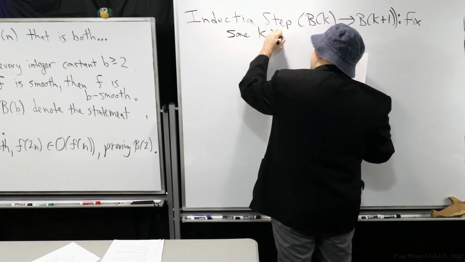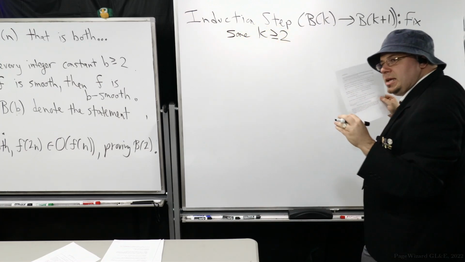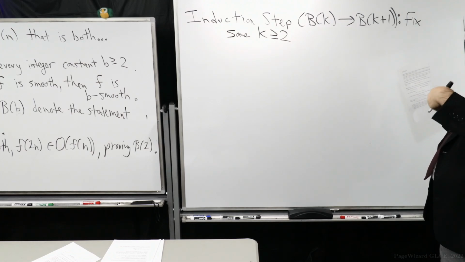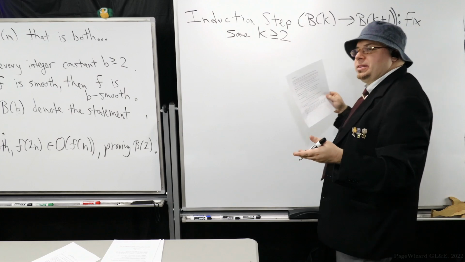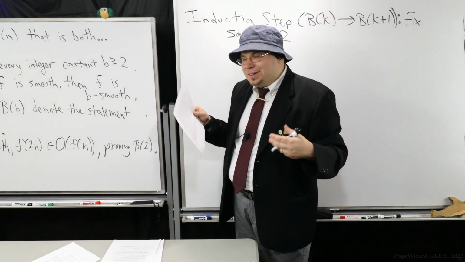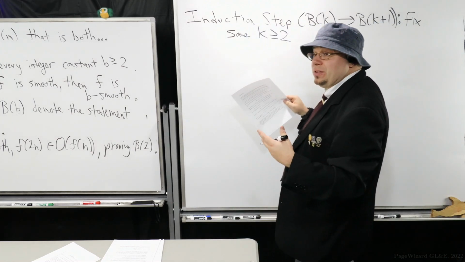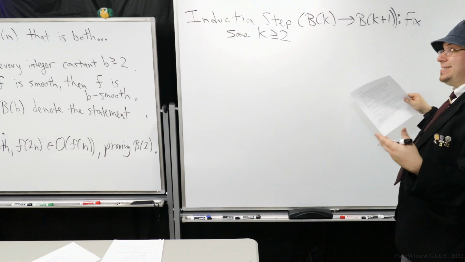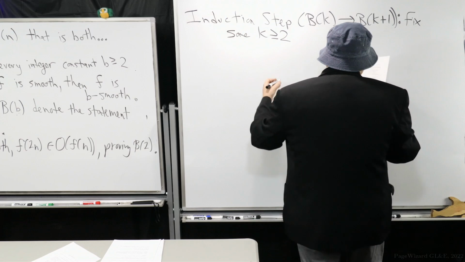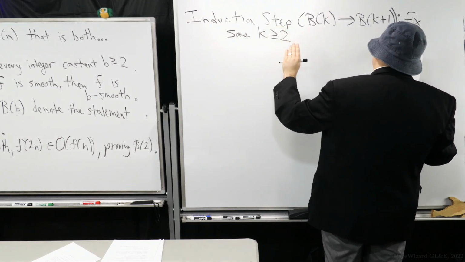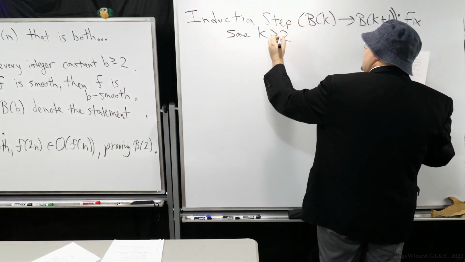I usually use a different variable for this as opposed to lowercase b, because I want to be able to fix this value of k and be able to play around with it for an arbitrary k. This is in contrast to the way I parameterize b over there, but in most senses, a lot of people won't make any delineation between these two things. That's okay. I just like to be a bit more precise about how I formulate the induction step.